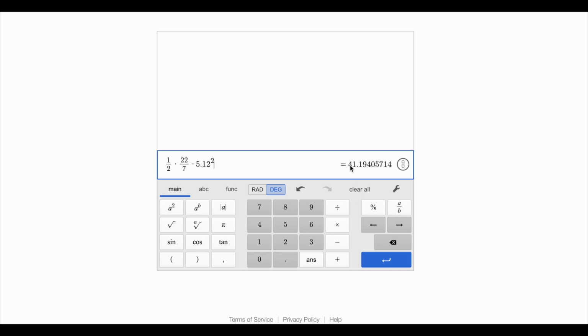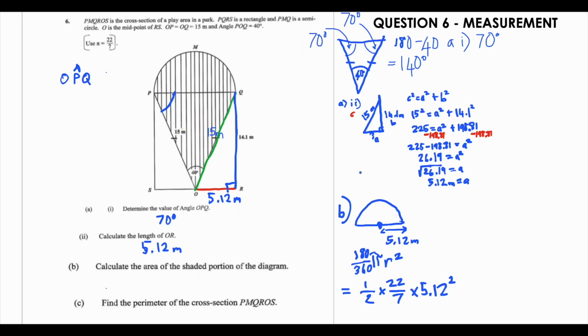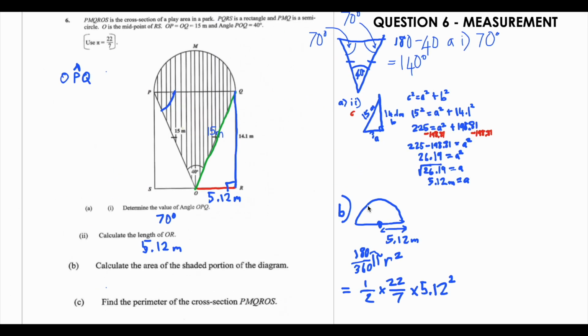Our answer for that area is 41.19. So that proportion right here is 41.19 meters squared. Now we need to figure out the area of this triangle.